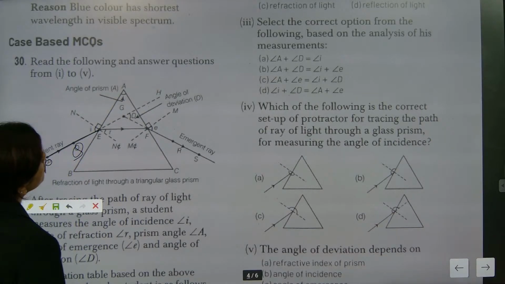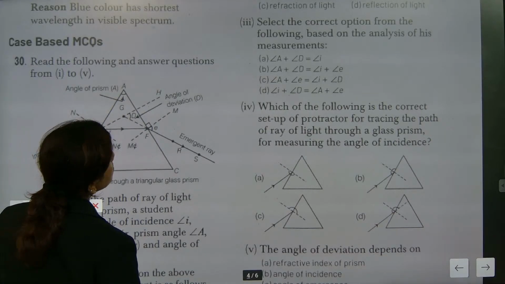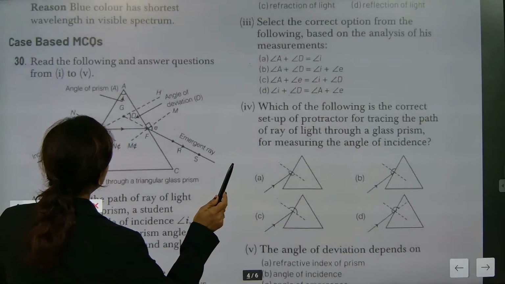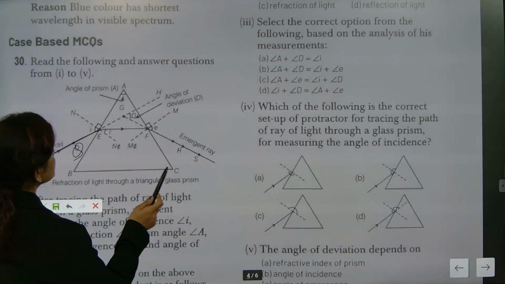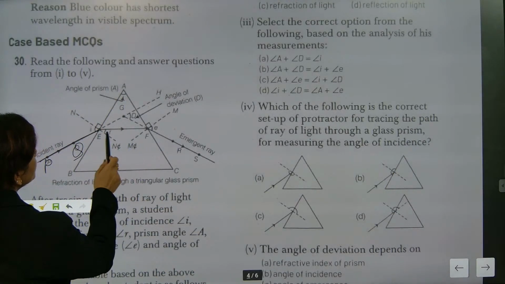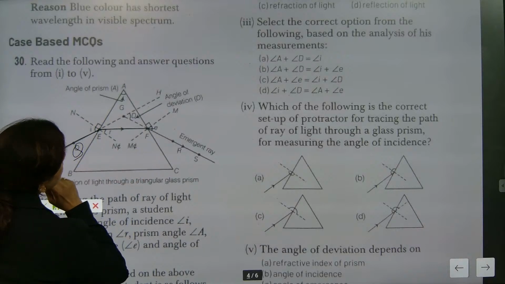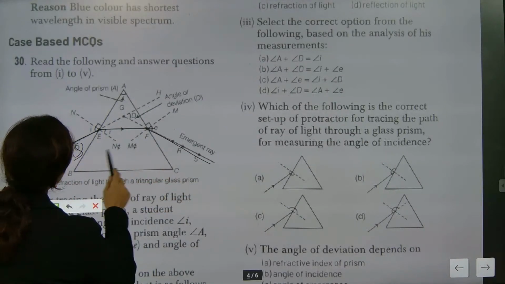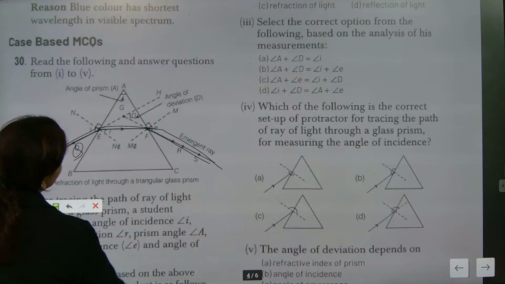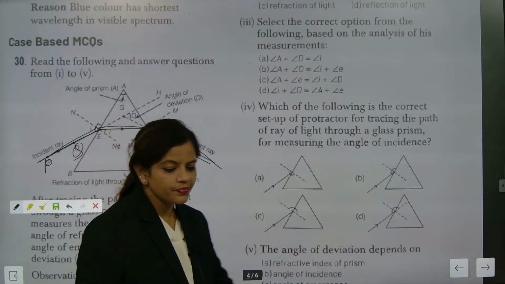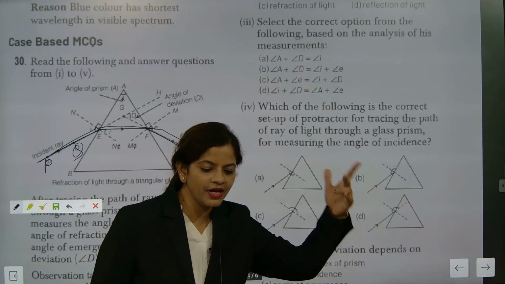PQ, and the last part was QM. Yeah, PQ and QM, this part. So one will be incident, another one will be emergent.